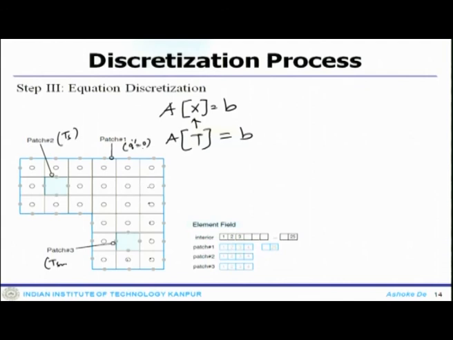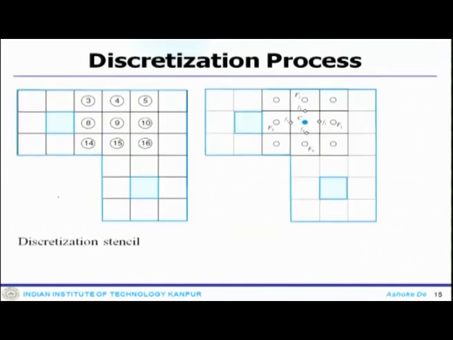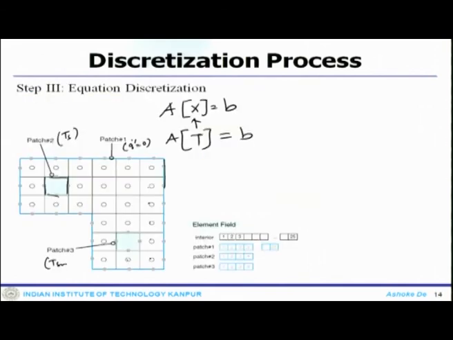Now, if you look at all these interior points, 1, 2, 3 to 25, these are marked. Patch 1 has some points, patch 2 has certain points, and patch 3. So I have to make a demarcation of these phases, because on these phases I have boundary conditions. Once you make a demarcation of these phases, you look at the equation.